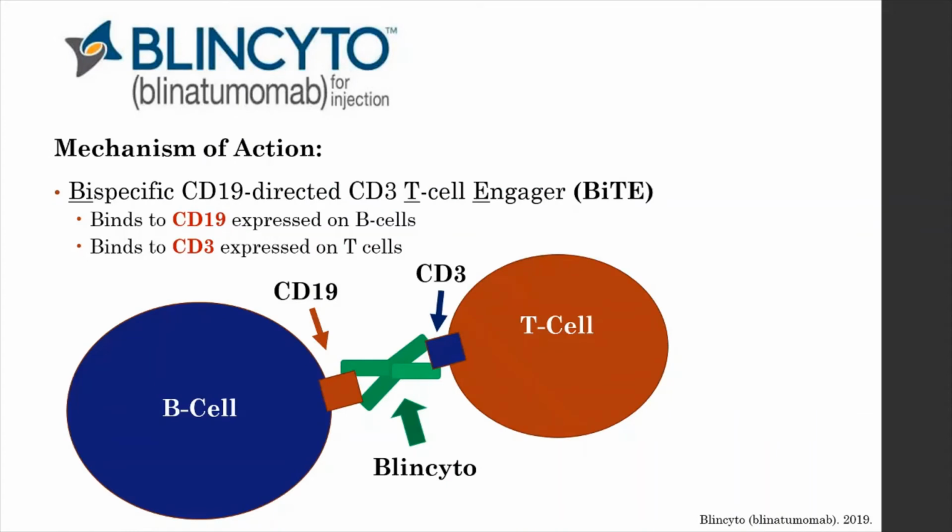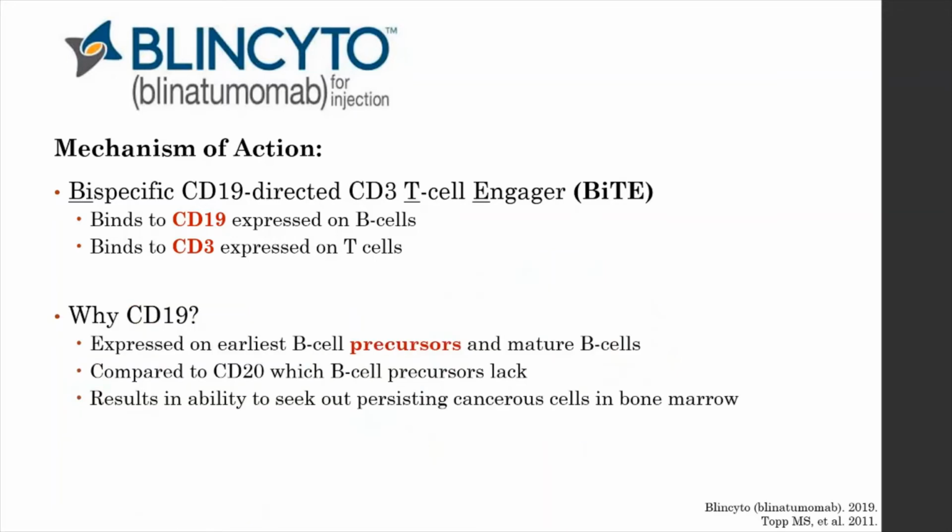So Blincyto has a pretty unique mechanism of action, and it's also unique because it's a completely bioengineered molecule. It's a bispecific CD19-directed CD3 T-cell engager, or a BiTE, and it binds to CD19 on B cells and CD3 on T cells and hooks them together. So why did they decide to target CD19?